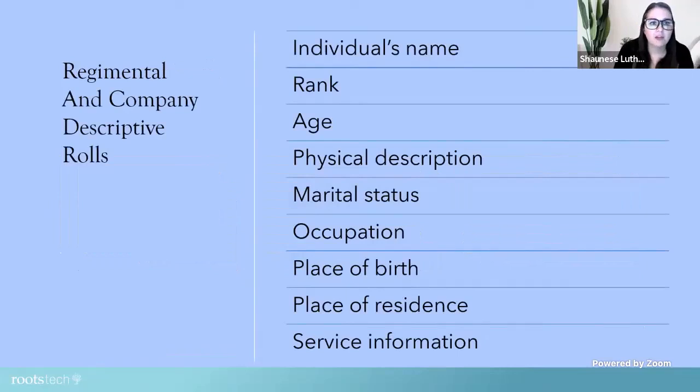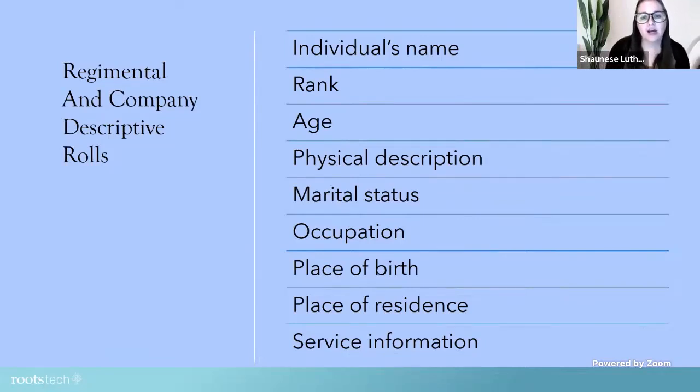And then you have the regimental and company descriptive rolls. Now this is pretty cool. You can also look for this on the draft records of World War II and World War I. You have their name, their rank, their age, their physical description, like how tall they are, their eye color, their hair color, their skin color. So not only is it just a record, but now you can have an image in your head of what your ancestor looks like.